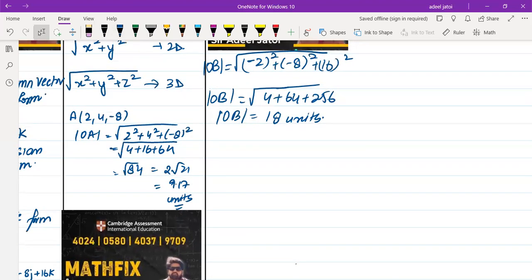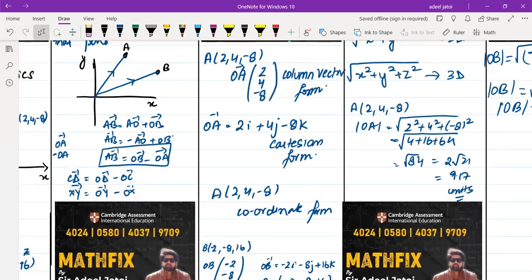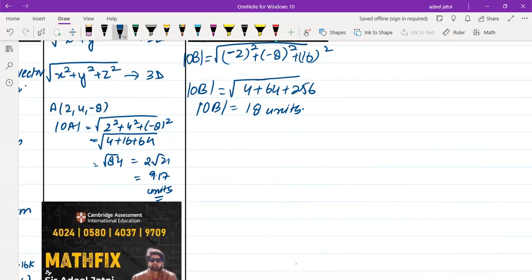Similarly, since we are talking about the position vector, as I said, the position vector is generally in the form of OB minus OA. We know A is 2, 4, and minus 8, and B is minus 2, minus 8, and 16.